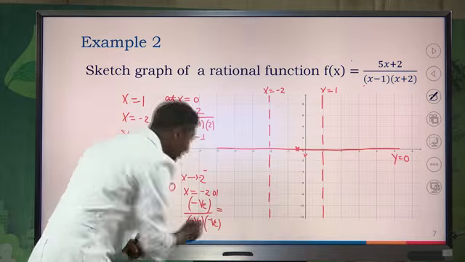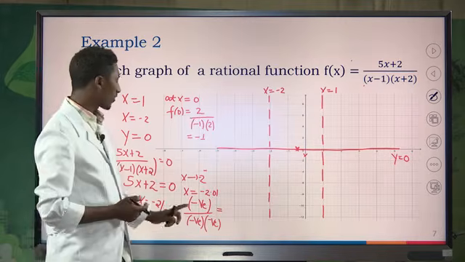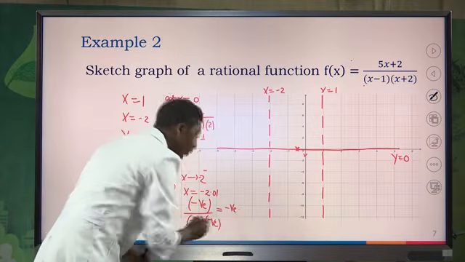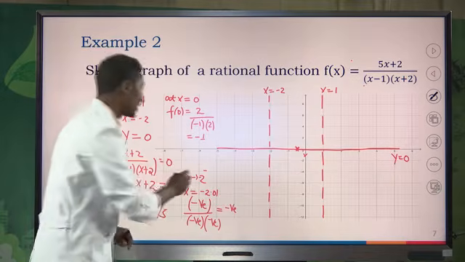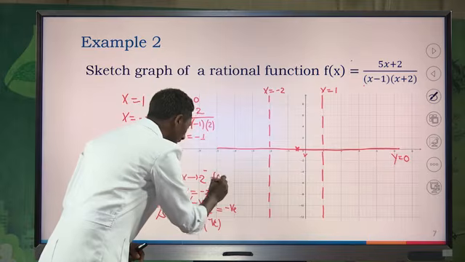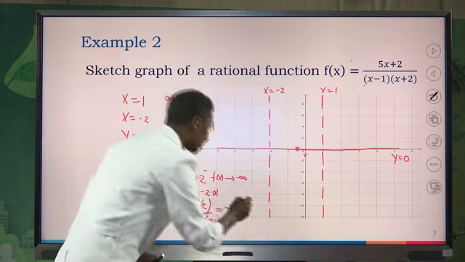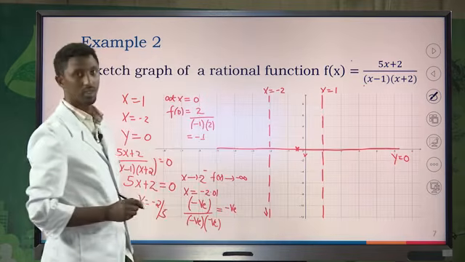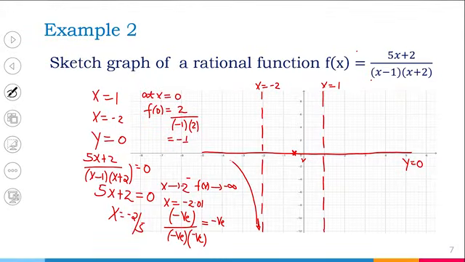So what is the sign of the quotient? Negative over negative is positive, wait, negative over negative, negative. So the quotient will be negative, which implies as x tends to minus 2 from the left, f of x will go closer to minus infinity. So the end of the graph will point downward. We'll put it here. So as we go upward, the graph will look like this.